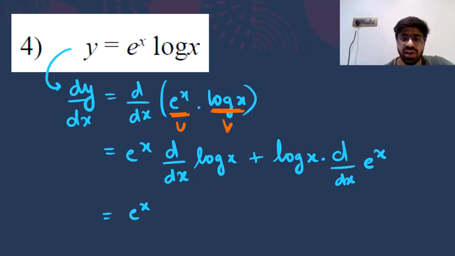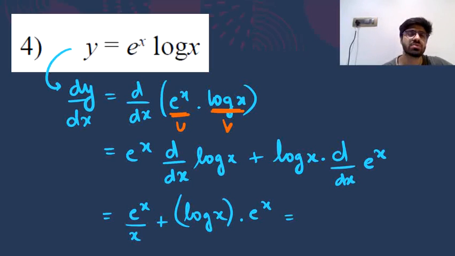So this is e power x, derivative of log x, that will be 1 upon x. So e power x into 1 upon x, that's like e power x upon x, plus we have log x, derivative of e power x will be e power x only, so into e power x.